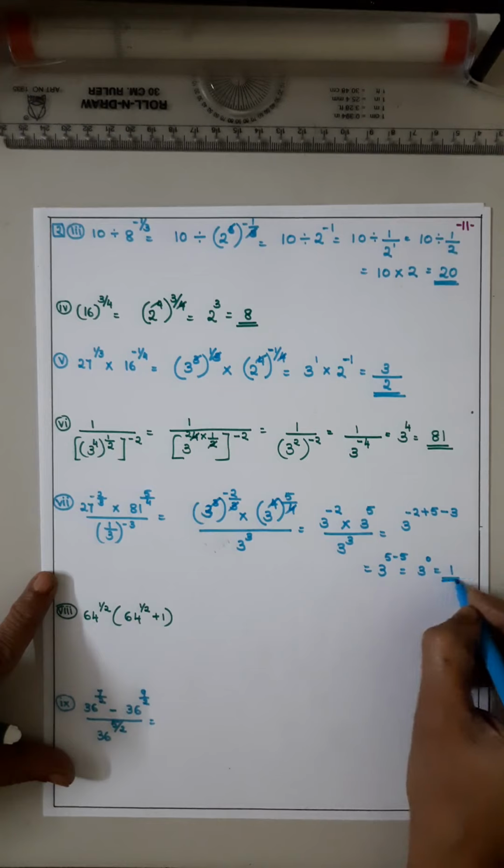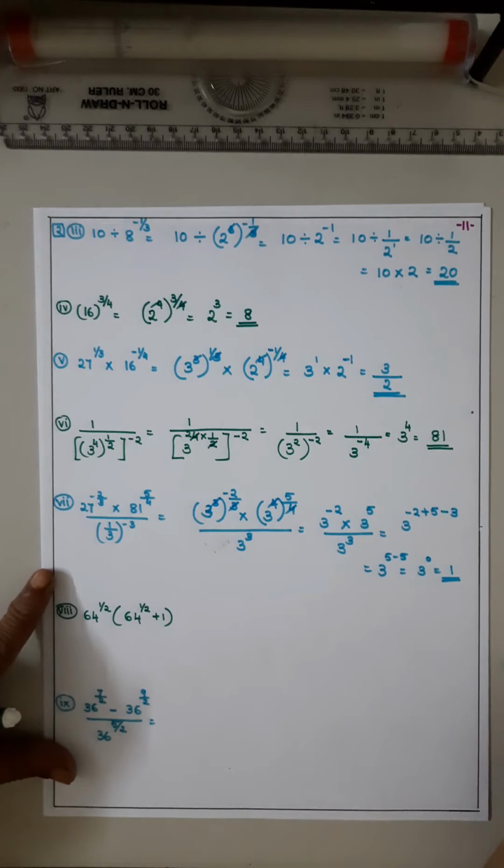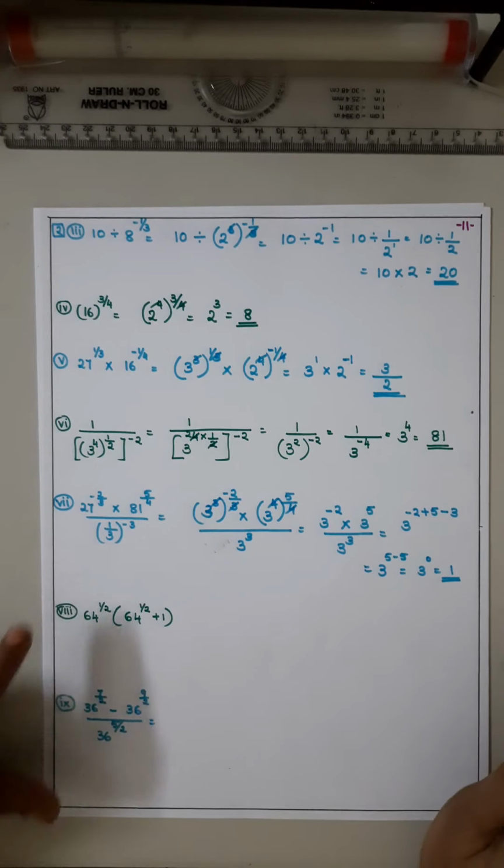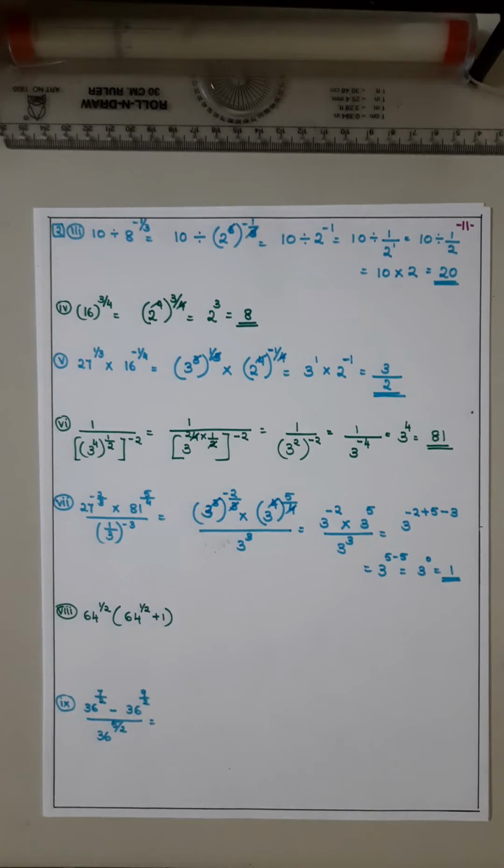That means anything to the power 0 is 1. Clear? Now coming to the 8th sum.